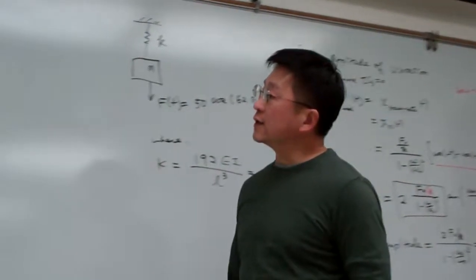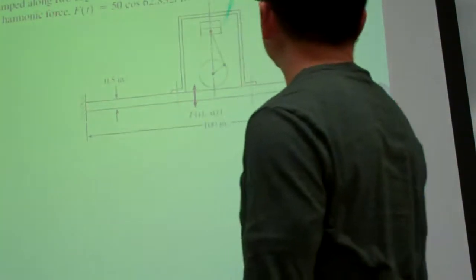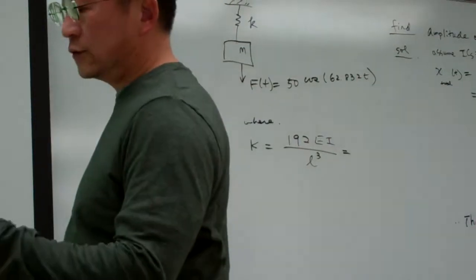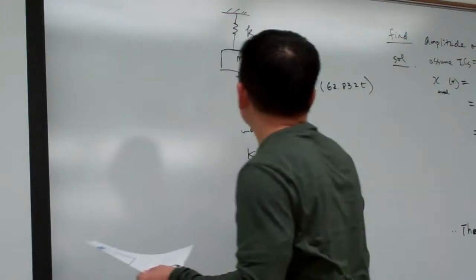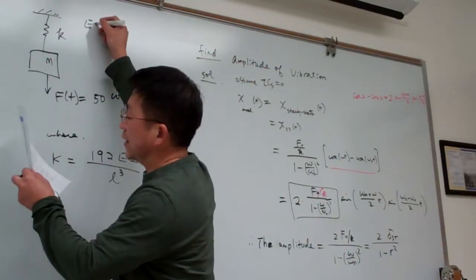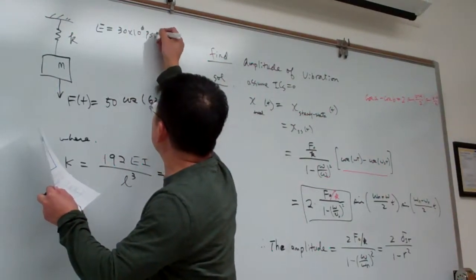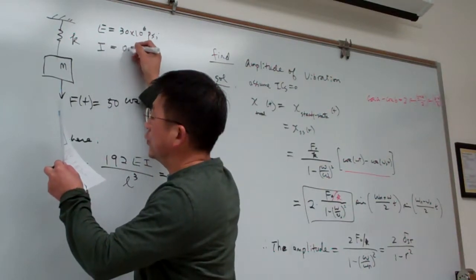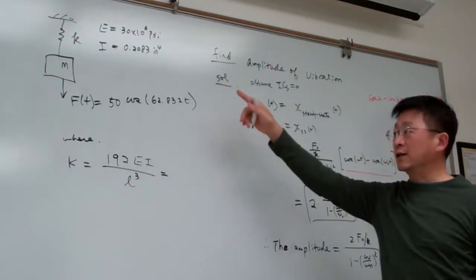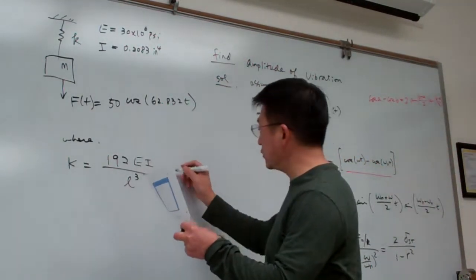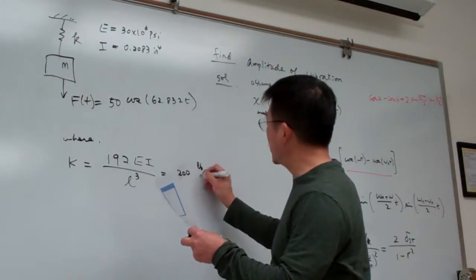And then we are given the Young's modulus, right? Where are we given the Young's modulus? Here I forgot to give you this one. So for the beam, E equals 30 times 10 to the 6 psi. That's the given information. And I equals 0.2083 inch to the fourth power. So we plug in here, K equals 1200 pounds per inch.